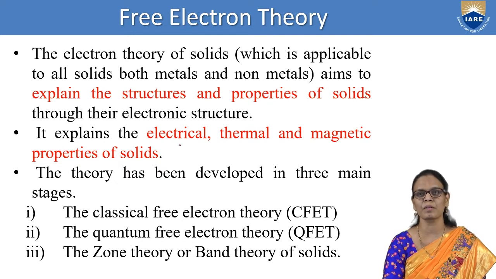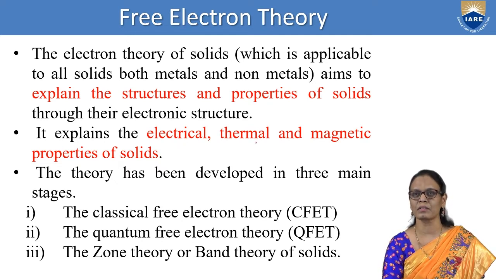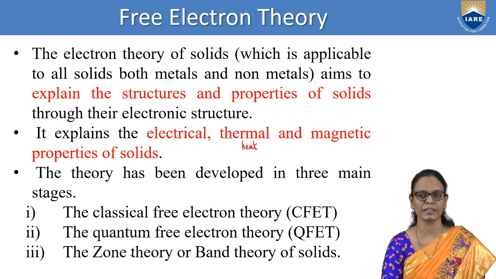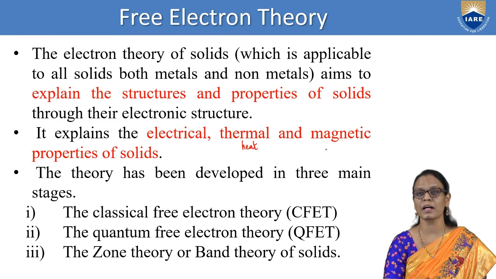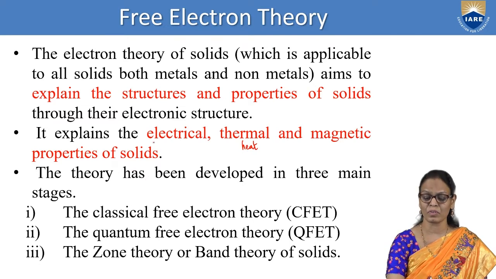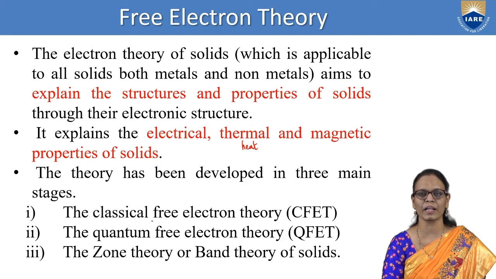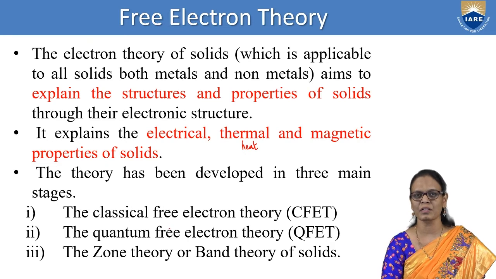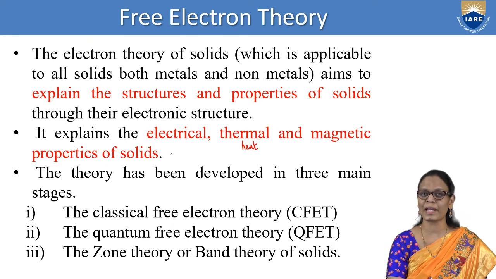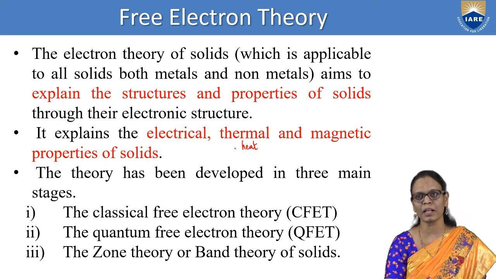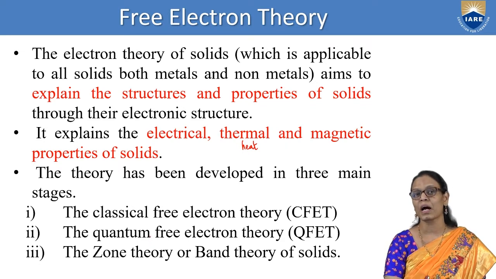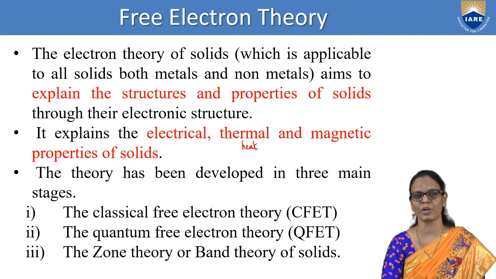Then thermal is always related to heat. How do they conduct heat? And then come the magnetic properties of solids. So the free electron theory, with the help of electronic structure, helps us explain the electrical, thermal as well as magnetic properties of solids. Therefore, understanding this theory is very important.